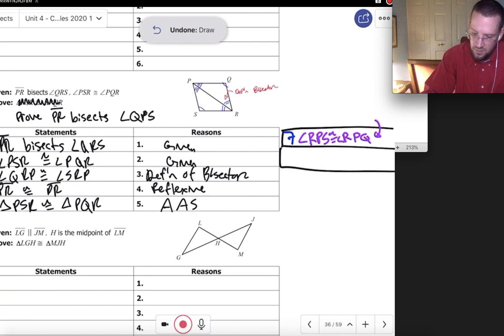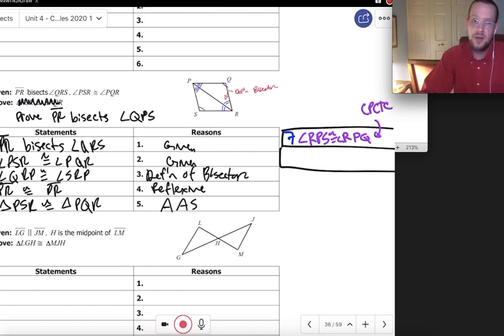And why do I know this? Well, because that's CPCTC. The two triangles are congruent, and so I know that every angle has to be congruent. This is the only angle that we haven't outwardly expressed congruency for. So this is our angle 3 up here in the corner.